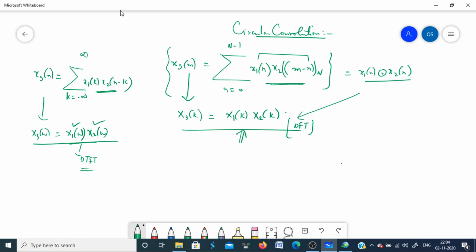Either you can find it graphically like we have done for the linear, or you have to first find your DFTs, then multiply them, and then calculate the inverse DFT. You will also get the circular convolution, like in the linear case. If you want to find the linear convolution of two signals, you can also find their Fourier transforms, multiply them together, and find the inverse Fourier transform, and you will get the linear convolution. Okay, so we will take some examples on this and compare how linear is different from the circular convolution.